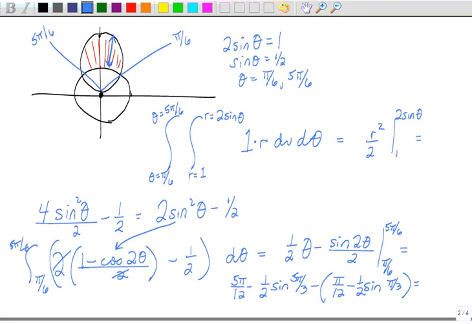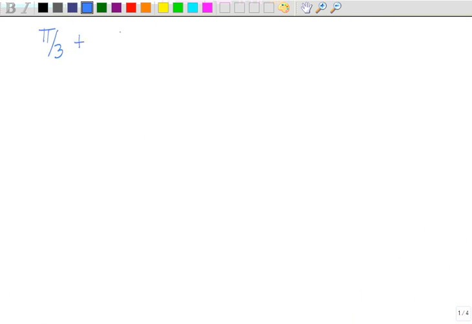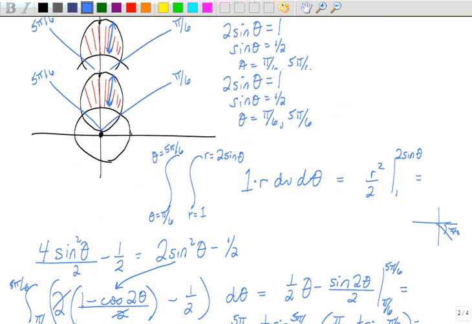Okay, and sine of 5 pi over 3. Let's see. Let me draw a picture. It's over here. So that's pi over 3, and the sine is negative square root of 3 over 2.